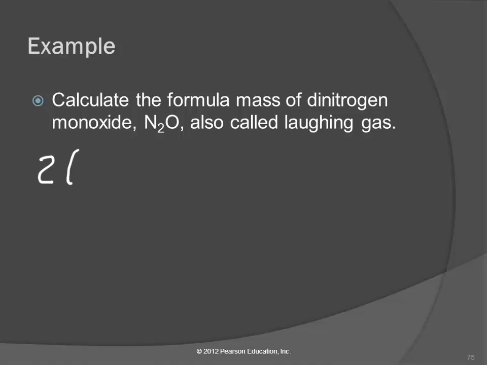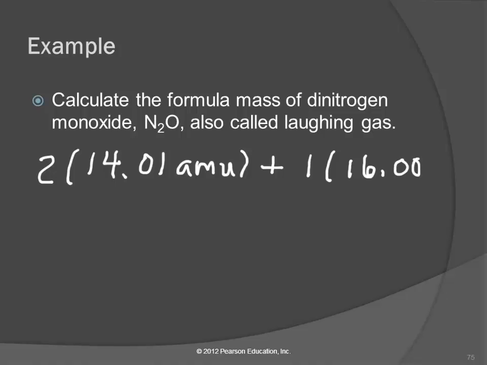So we look on the periodic table, 14.01 atomic mass units, because each atom weighs 14 atomic mass units. And then we have 1 oxygen, and each oxygen weighs 16.00 atomic mass units.